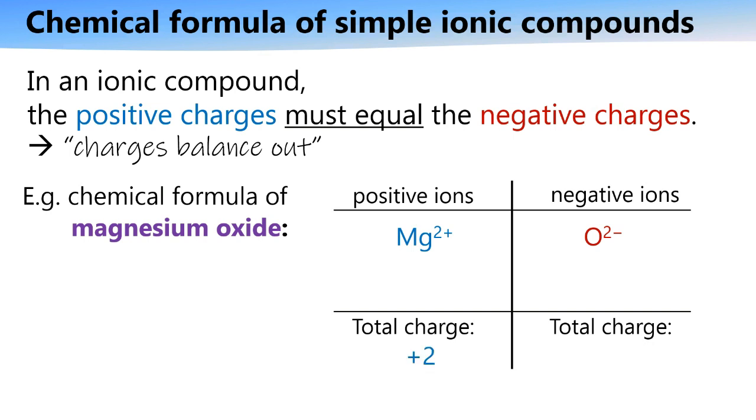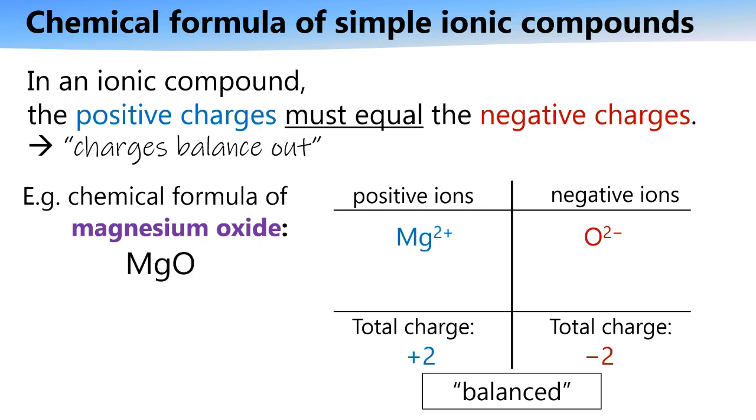I have +2 and -2. So are these charges balanced? Yes. So we have 2 positive and 2 negative. They balance out. So we just need 1 magnesium and 1 oxygen. So it's simply MgO. So far I've given you examples where the charges balanced out.